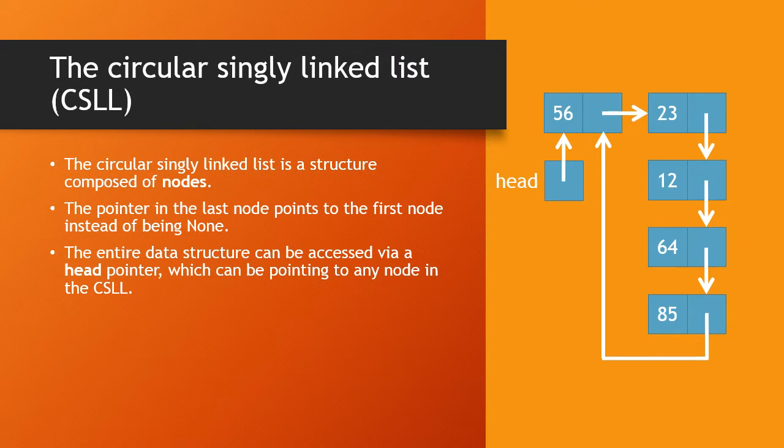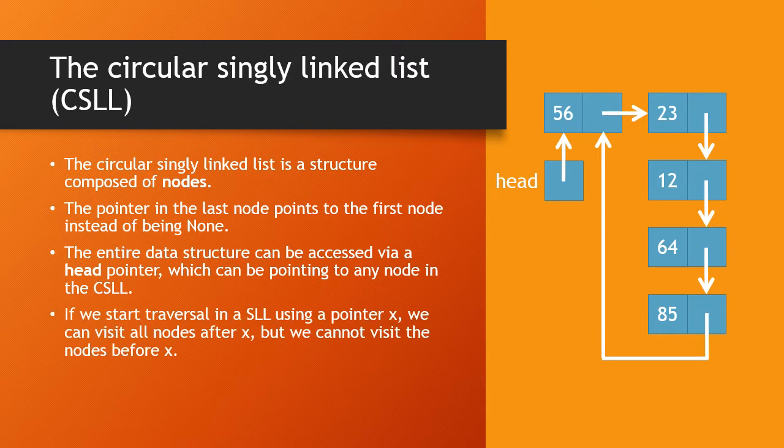But I can keep the head pointer anywhere now because this is a circle and there is no first or last node technically. So let us suppose that the head pointer is at the node containing 64. Then the sequence of traversal will be 64, 85, 56, 23 and 12.